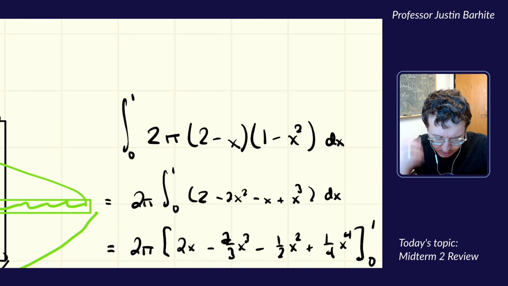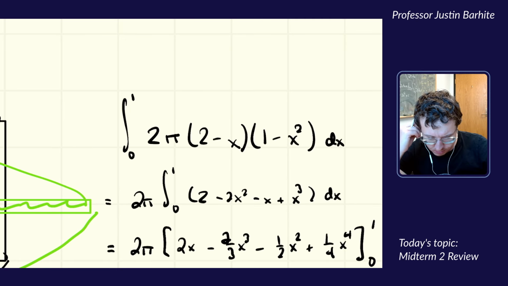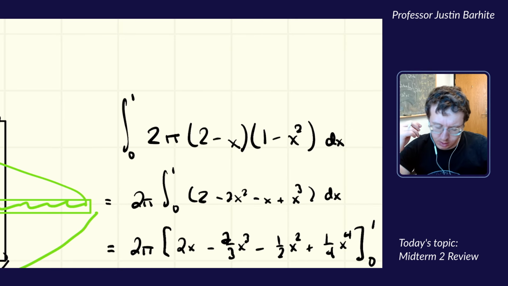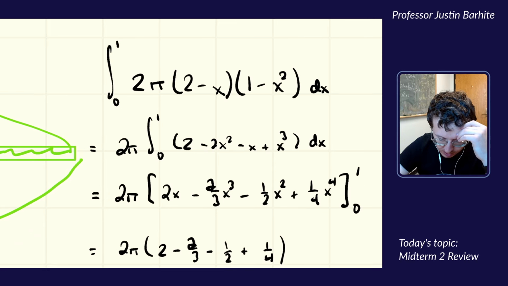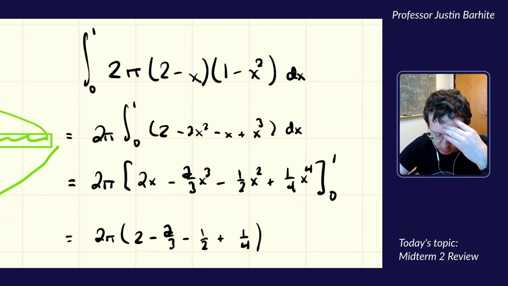Minus x minus 2x squared plus x cubed. 2x minus 2/3 x cubed minus 1/2 x squared plus 1/4 x to the 4th.